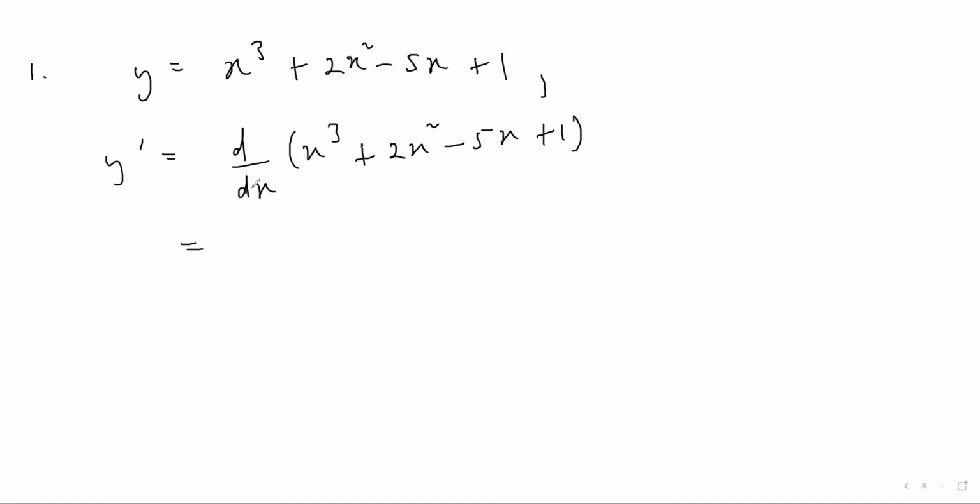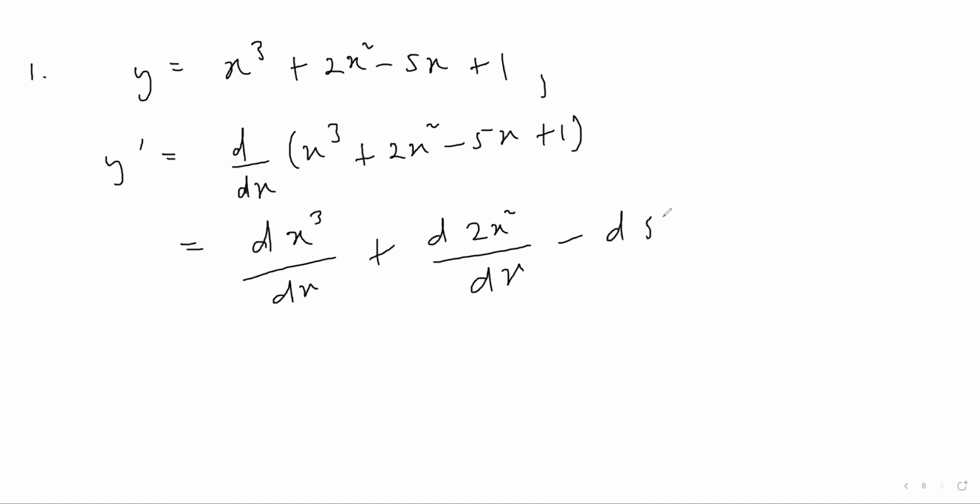So this is equal to the derivative of x cubed with respect to x, plus the derivative of 2x squared with respect to x, plus or minus in this case the derivative of 5x with respect to x, plus the derivative of 1 with respect to x.